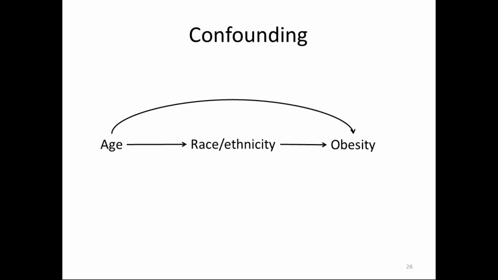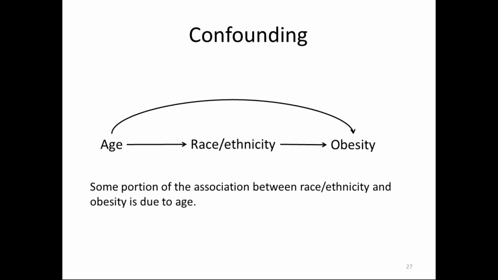So some proportion of the association between race, ethnicity, and obesity is actually due to the differences in the age distribution, right? So this is a classic confounding setup. With age, we actually have a lot of statistical tools we can use to control for it in a bunch of different ways, and to the best of our models, we can remove that confounding.